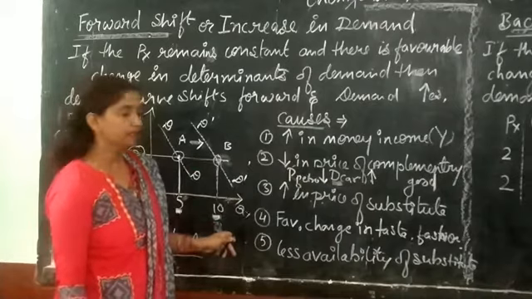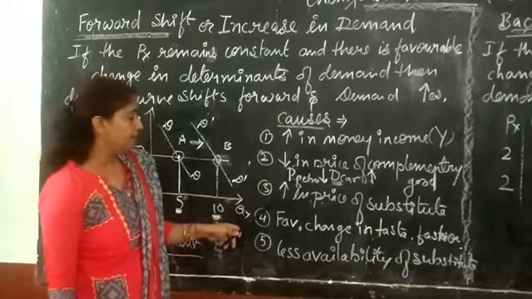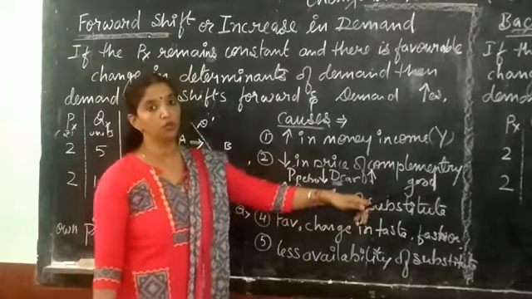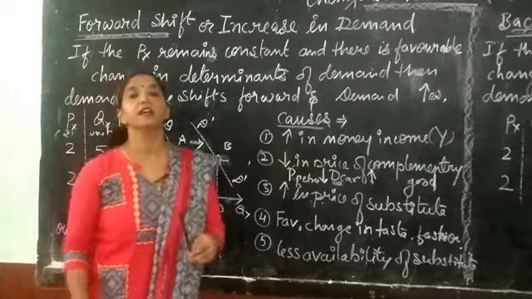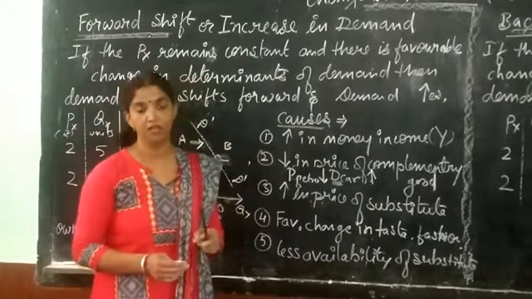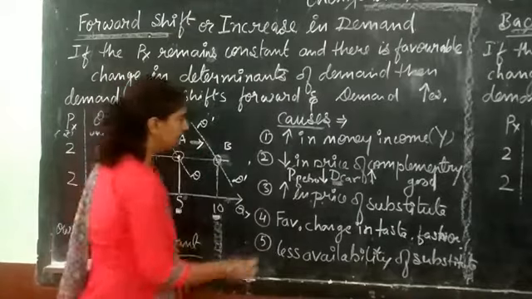The third cause is that there may be a rise in the price of a substitute good. Substitute goods are those goods which can replace another commodity, for example, tea and coffee, ink pen and ball pen.